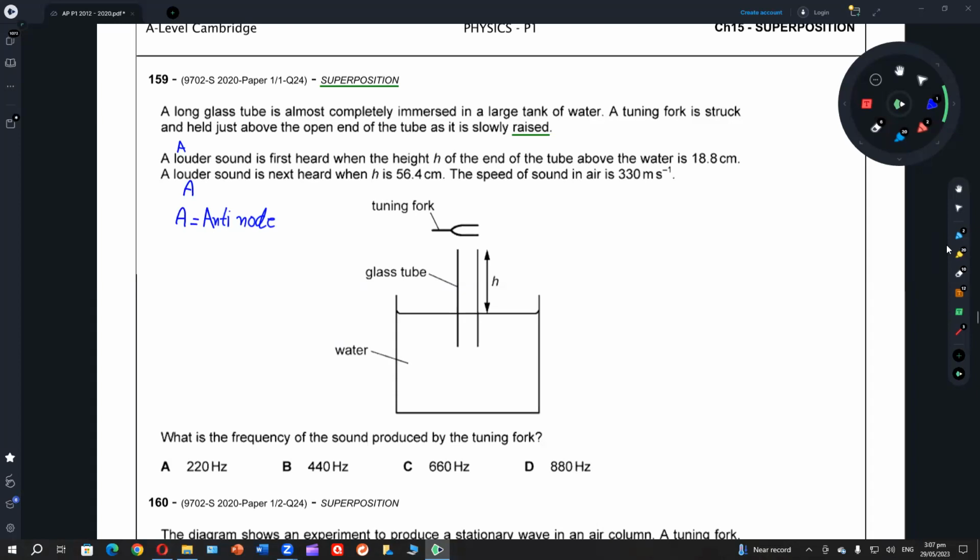So if I say here that first antinode is at 18.8 and the second antinode is at 56.4, so I can say this difference is lambda by 2.